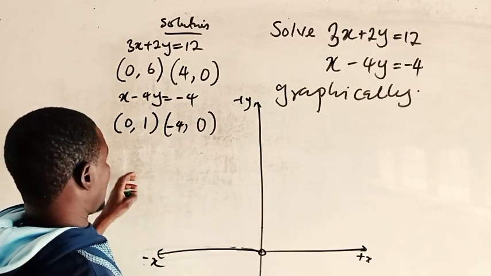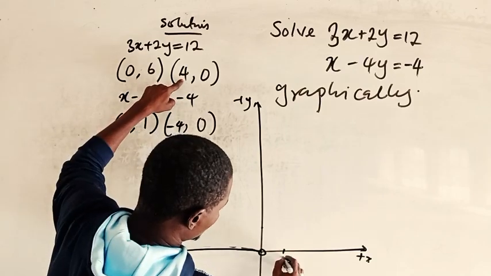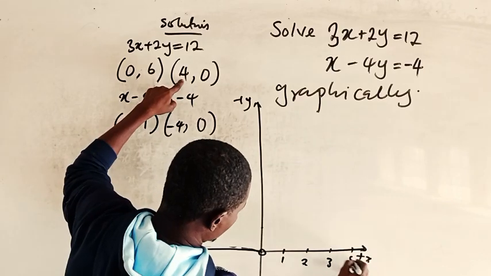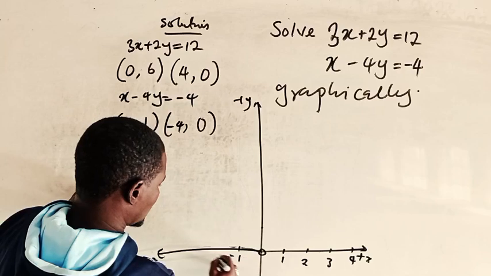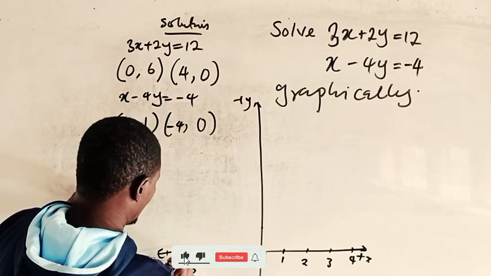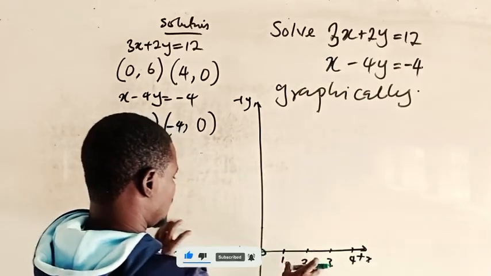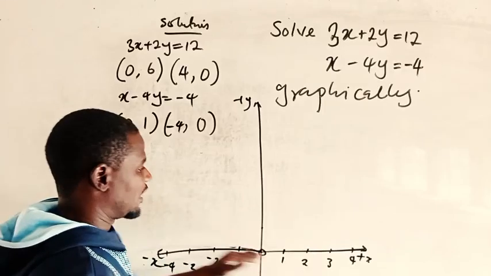Now let's start with the x. The highest value in the positive side is 4, so we can take maybe 1 centimeter to represent 1 unit. This is 2, this is 3, and this is 4. We can stop it there. Now minus 4 here, we can take maybe minus 1, minus 2, minus 3, and possibly minus 4. Indirectly, I'm using 1 centimeter to represent 1 unit along the x-axis, both positive and negative.